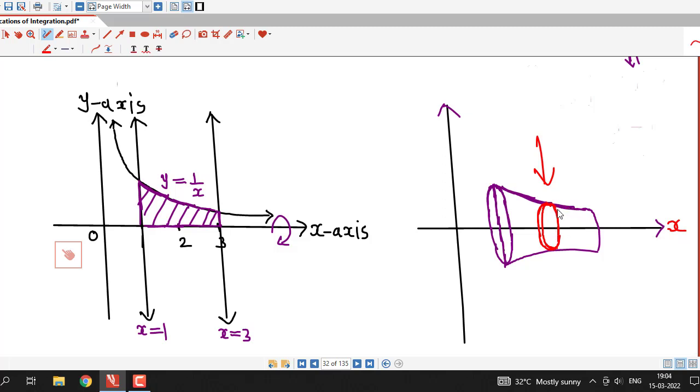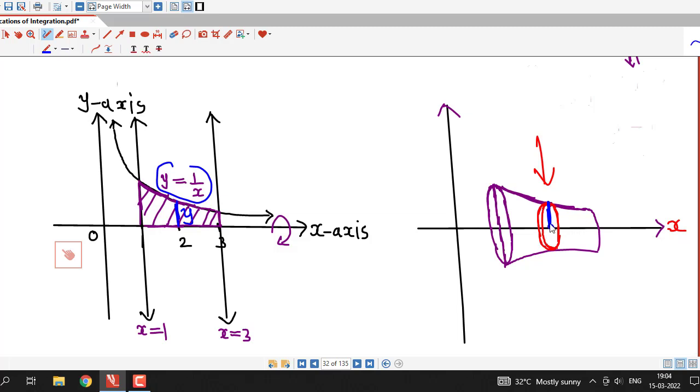The radius of this disk is this distance from this curve to x-axis, because the center of this disk will be on x-axis. So distance from this point to this point is the radius of this disk. That distance is y, which is given by 1 by x, and the thickness is delta x or dx.